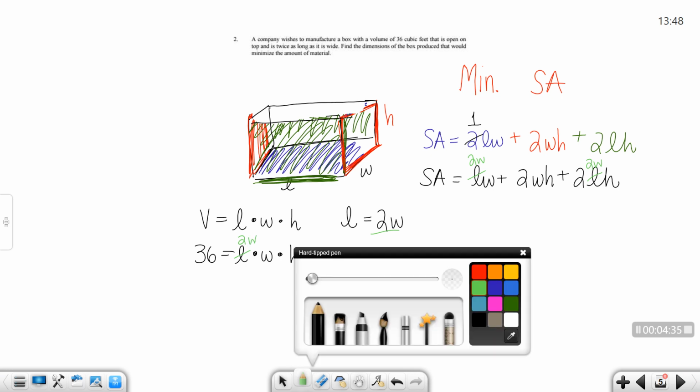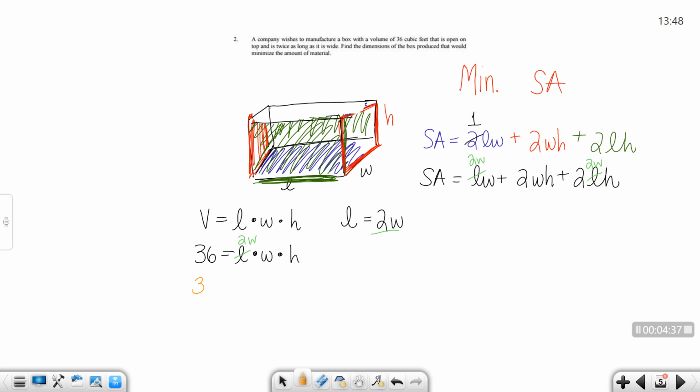So going to this function over here, I have that 36 equals 2W squared H. So if I'm looking for H, I can divide both sides by 2W squared. And H would be 18 over W squared. So everywhere I see an H, I can put 18 over W squared.